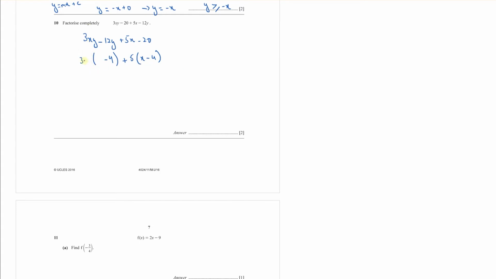So this is actually 3y that is common, and then x minus 4. So 3y(x minus 4), if I open the brackets, I'll get 3xy and minus 12y, which is here. So then I can take x minus 4 common. So x minus 4 into 3y plus 5. So that's your final answer in the factorized form. So I can write it here.